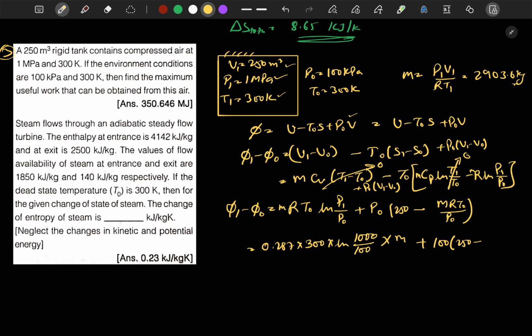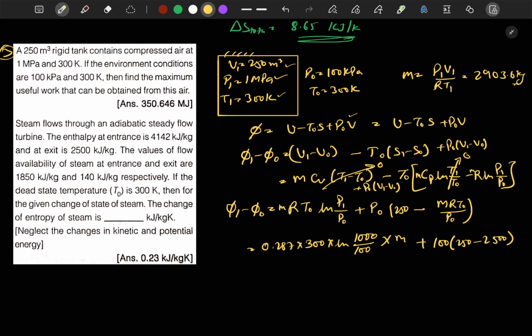Now we get the value of this as 2499, or 2500 we can say, 2500 meter cube. So when we solve these values, minus 250 into 100, and this term is negative.